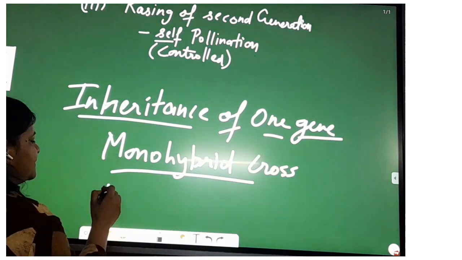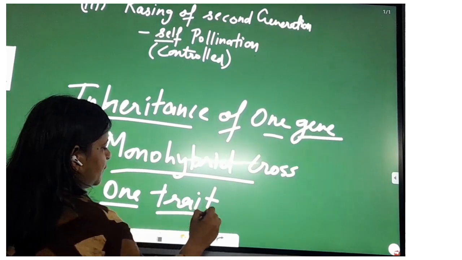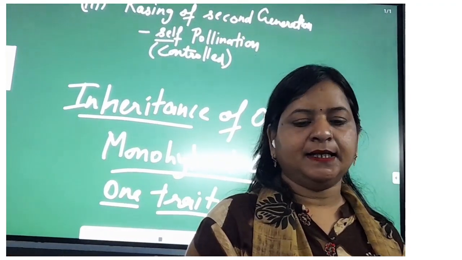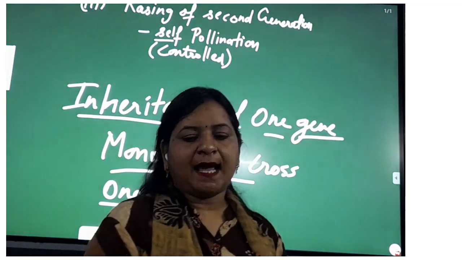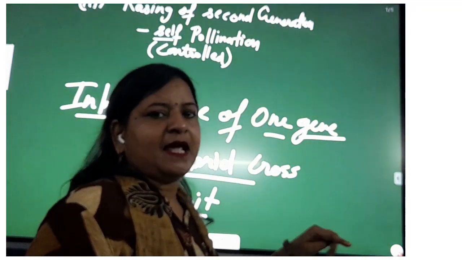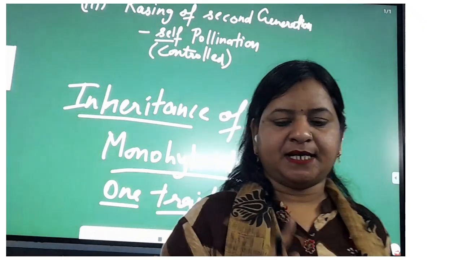It means if you consider one trait, the cross or hybridization process for only one trait is called a monohybrid cross. Mendel first did the monohybrid cross for a single trait, and individually for other traits he did the same experiment, using only one trait at one time.